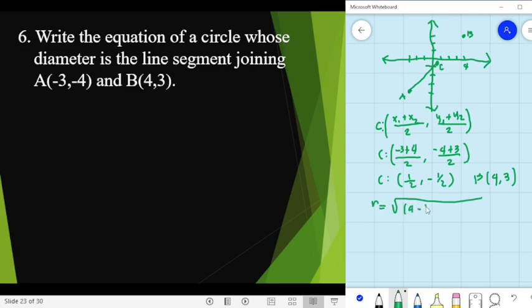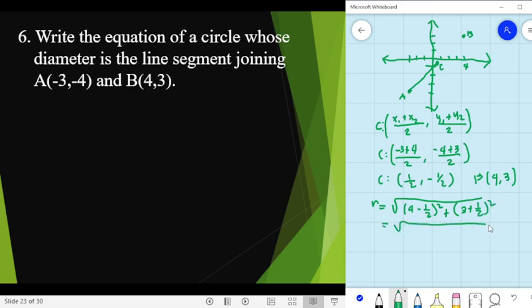quantity 4 minus 1/2 squared plus quantity 3 minus negative 1/2, that would be plus 1/2 squared.